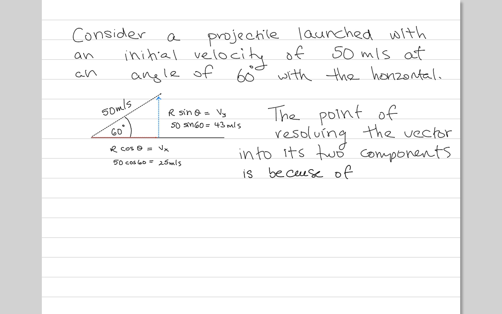You're going to have questions that involve horizontal and vertical displacements. So we have to be consistent with which part of the vector we are interested in. So if you're interested in a horizontal displacement, you're going to have to use the horizontal component of the vector. If you're interested in a vertical displacement, you're going to have to use the vertical component of the vector. We have to stay consistent, okay?